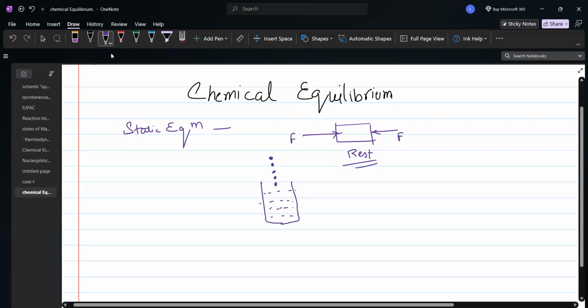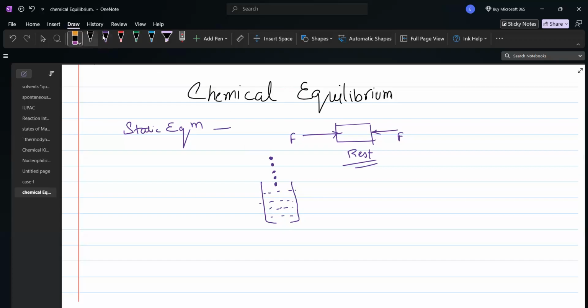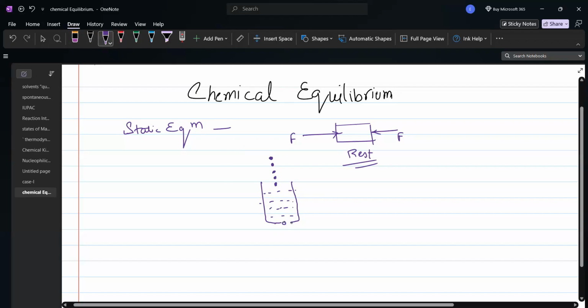We have made a small hole here. And what is happening with the small hole? One by one, droplets of water are coming out of it.